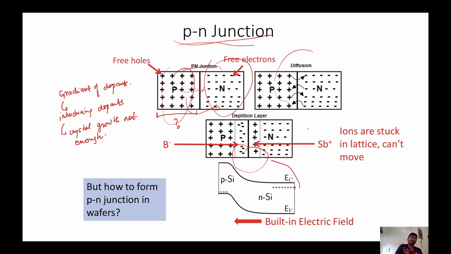This is the diagram of the p-n junction, and it has many applications in devices. Fabrication of the p-n junction requires diffusion or ion implantation. We cannot just make p-type silicon and n-type silicon and stick them together. That won't work.